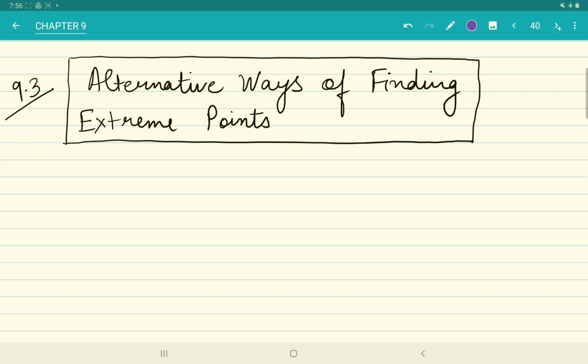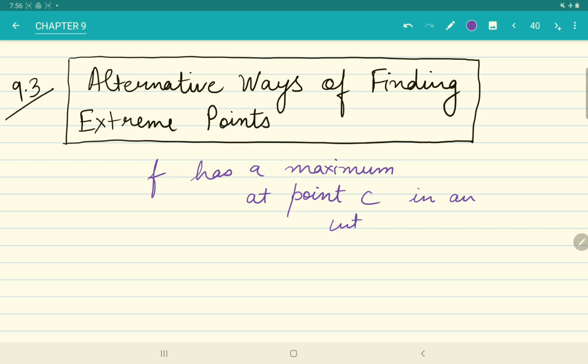And here let's suppose that we have a function f, and f has a maximum at point C in an interval I. When I say that f has a maximum at point C, that means at point C the value of the function is highest. Now that maximum value can be there at the endpoint of the interval.